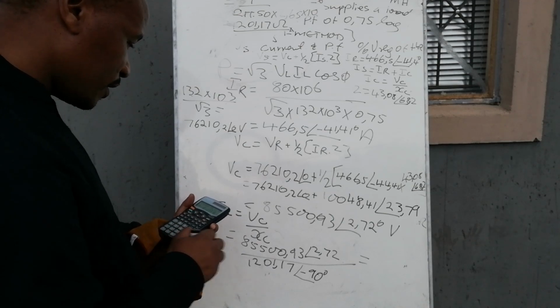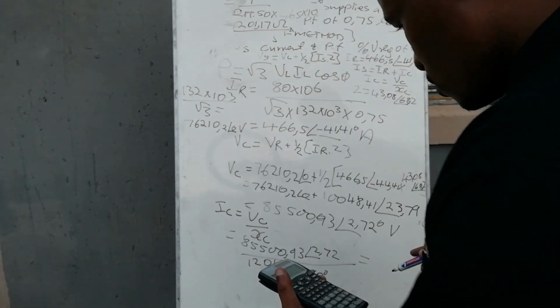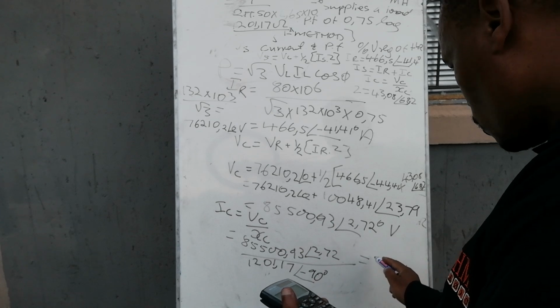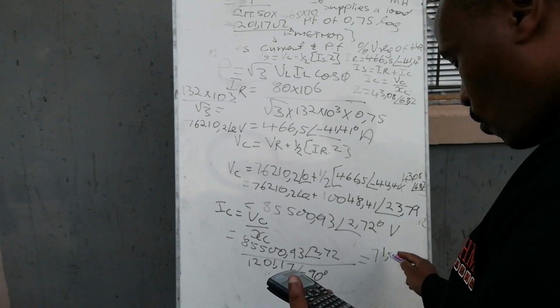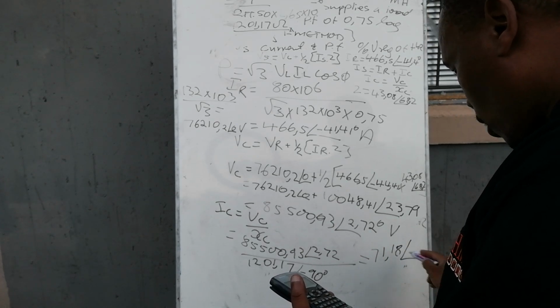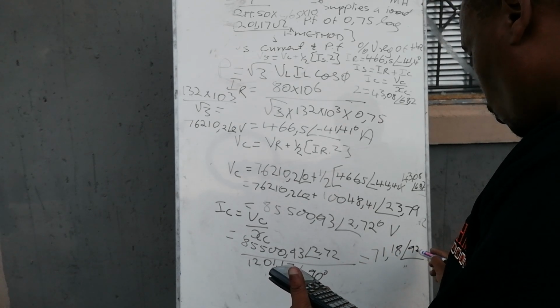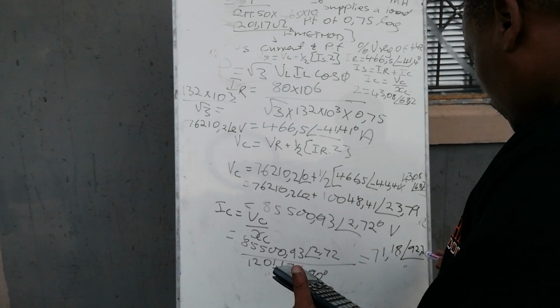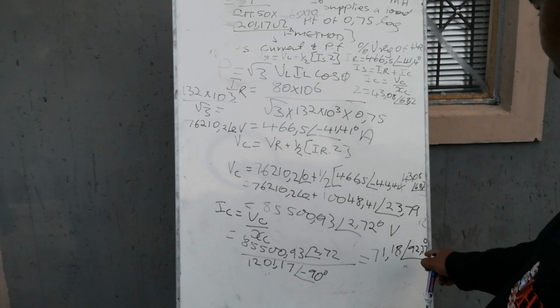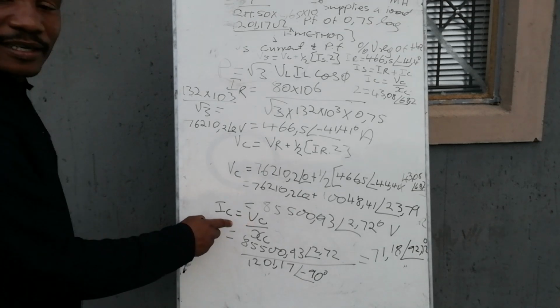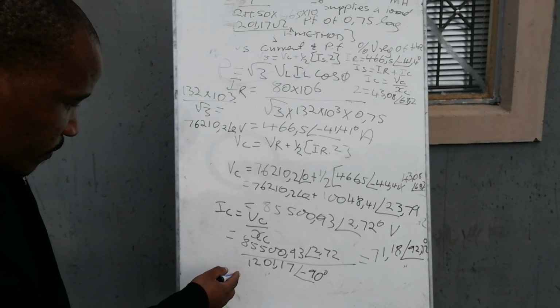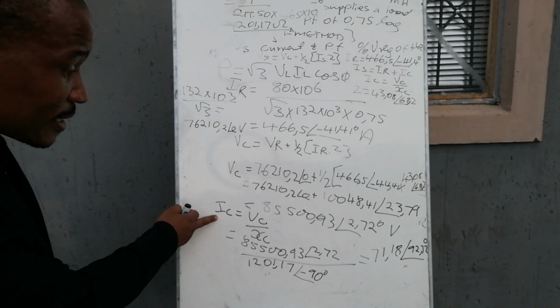It is equals to 71.18 angle of 92.72 degrees. This is amps. Now that we got this, this is what? Oh yes, this is IC.